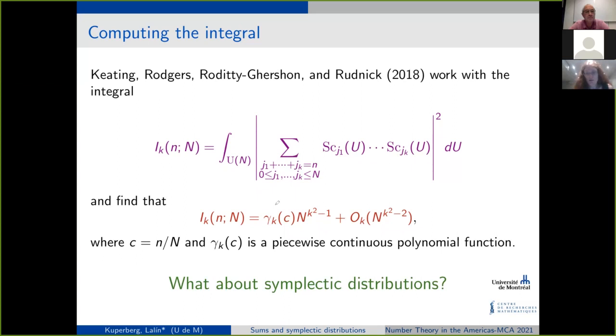So we asked if we can find problems similar to the ones we are discussing now, but that need a symplectic distribution when we take the limit, as opposed to the unitary ensemble.